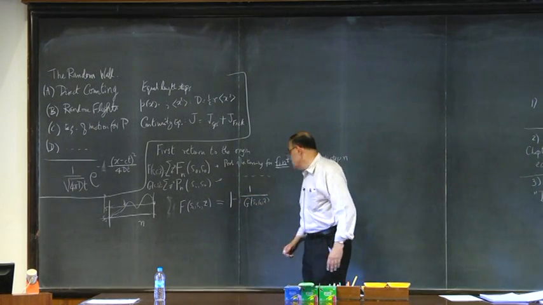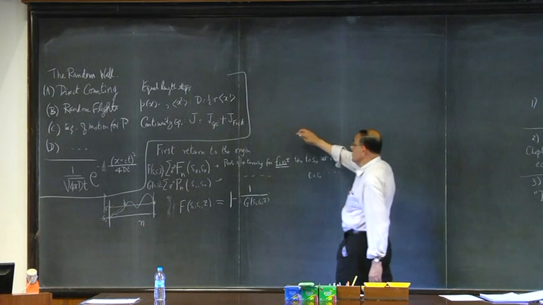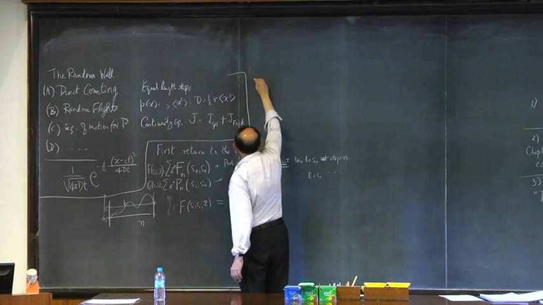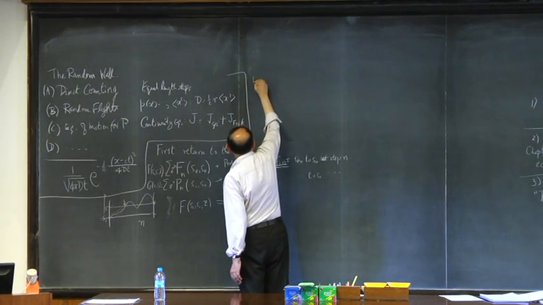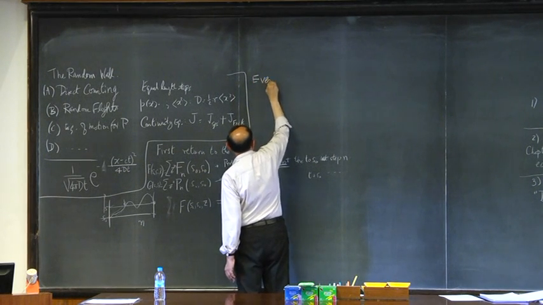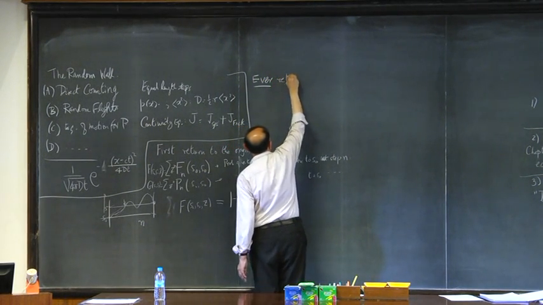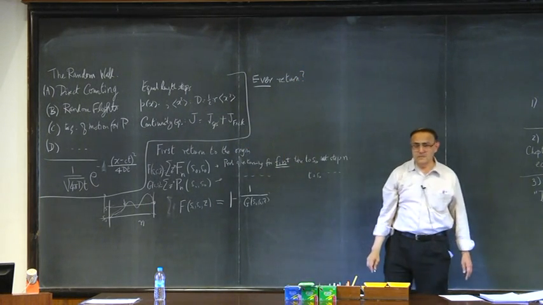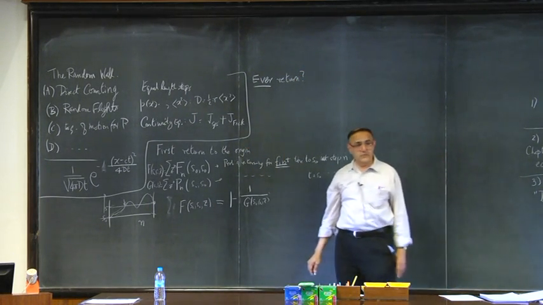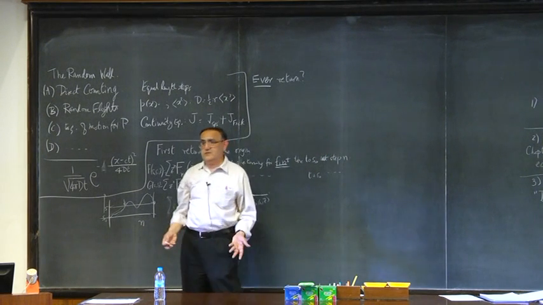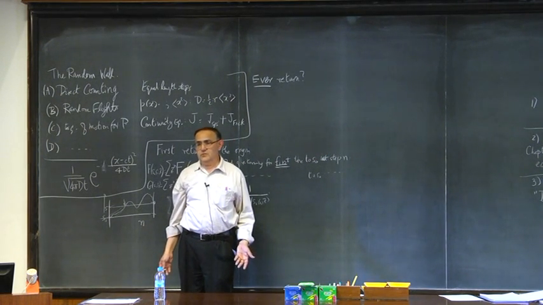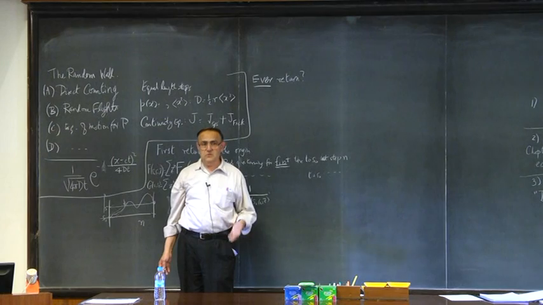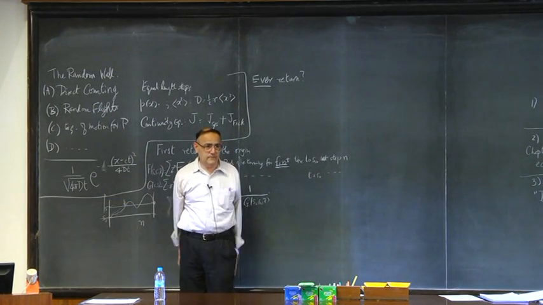Now, why is this useful? Because we want to ask the question, do we ever return? Well, if we ever return, we must have returned at some step. It could either be 1 or 2 or 3 all the way.